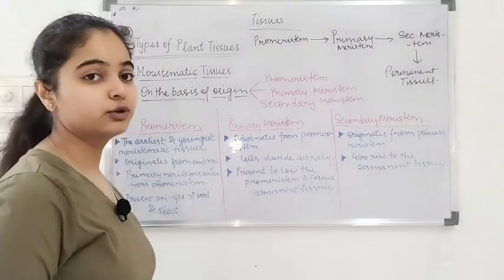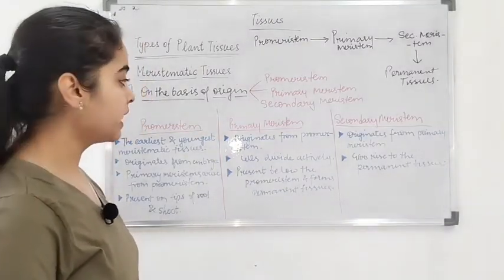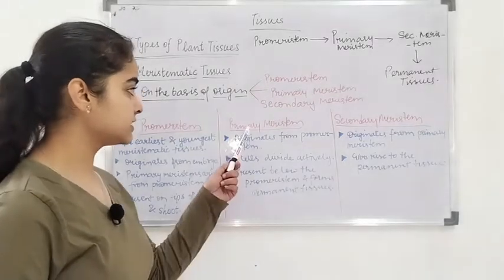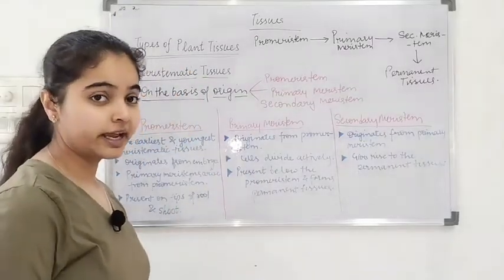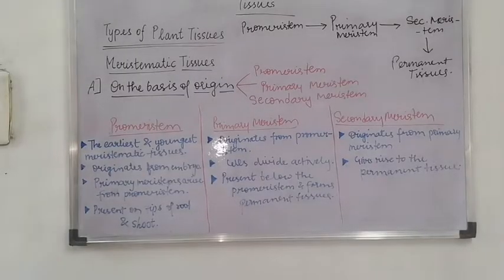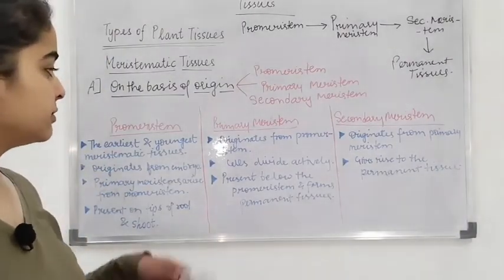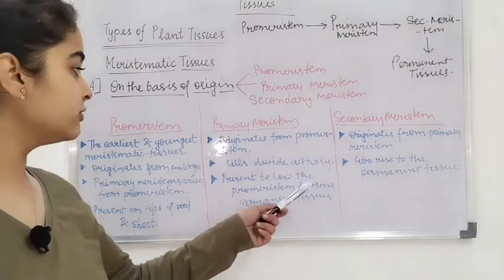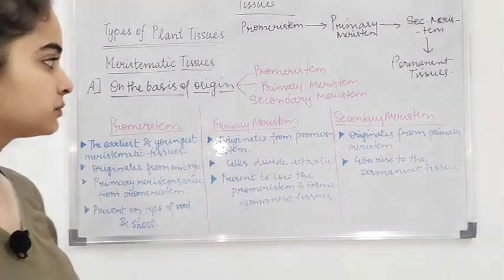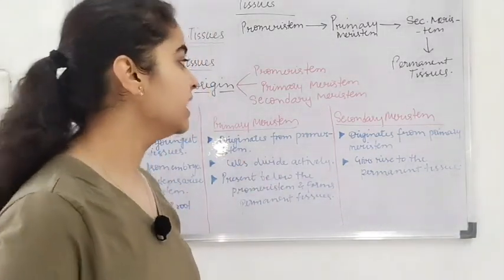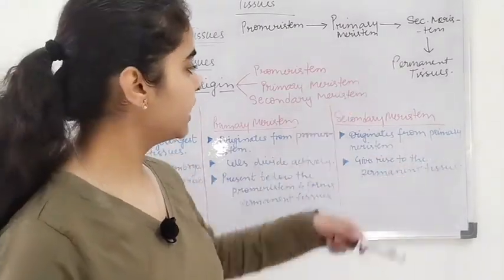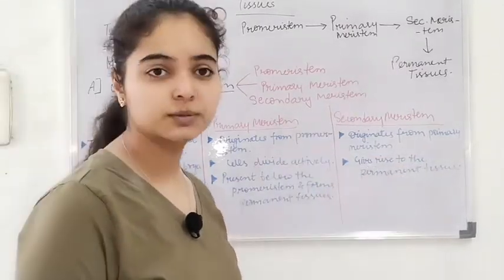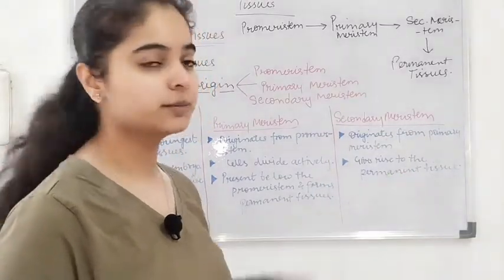Primary meristem originates from the promeristem, and the cells of the primary meristem divide actively, and primary meristem can be found below the promeristem and forms the permanent tissues. Secondary meristem. Secondary meristem originates from primary meristem, and it gives rise to the permanent tissues.